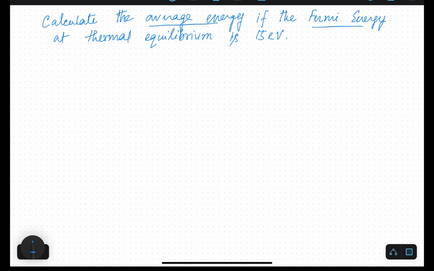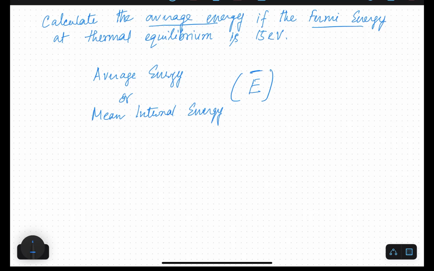What is the relation between Fermi energy and the average energy? The average energy, sometimes called mean internal energy, denoted as E bar, is equal to 3/5 of EF, where EF is the Fermi energy.